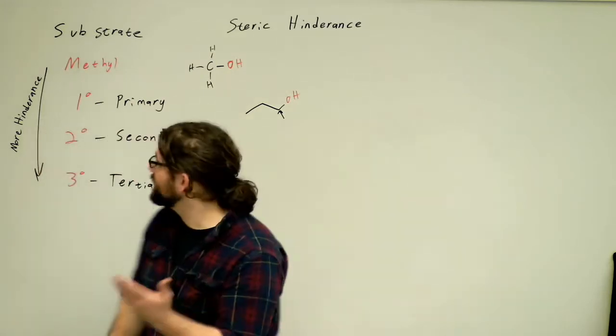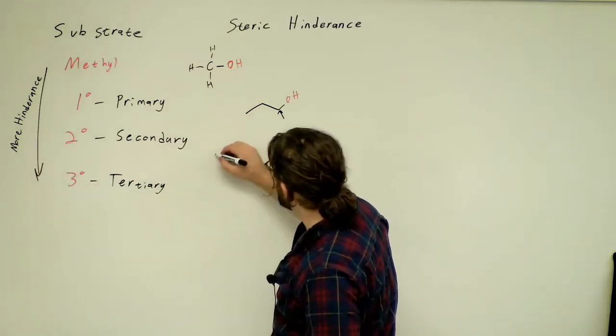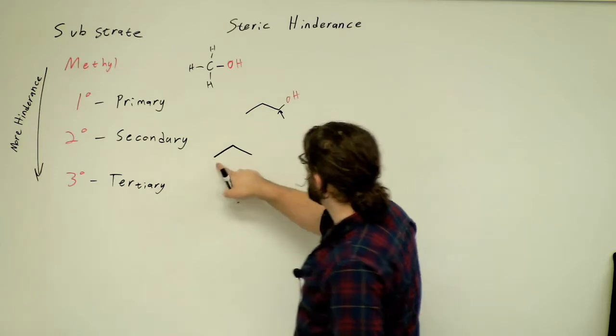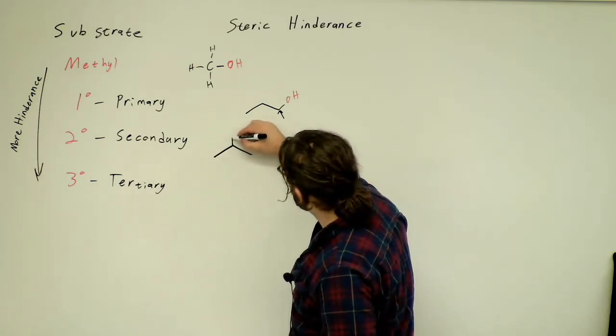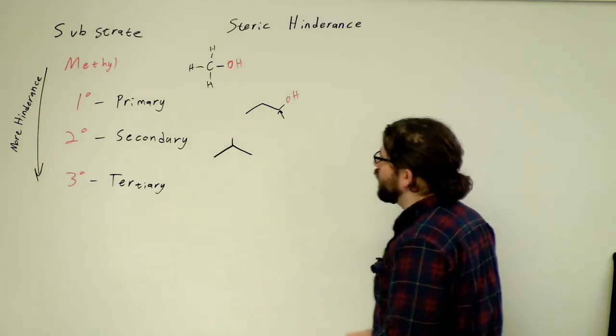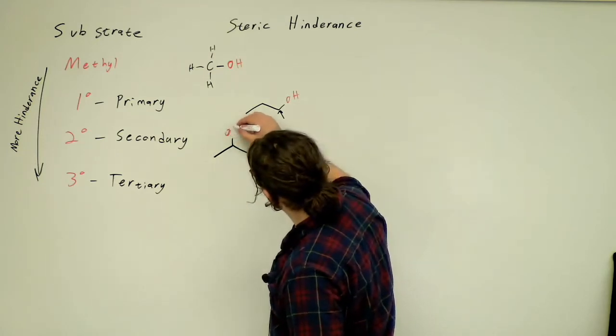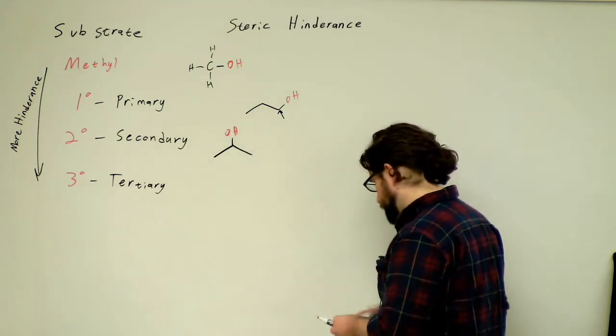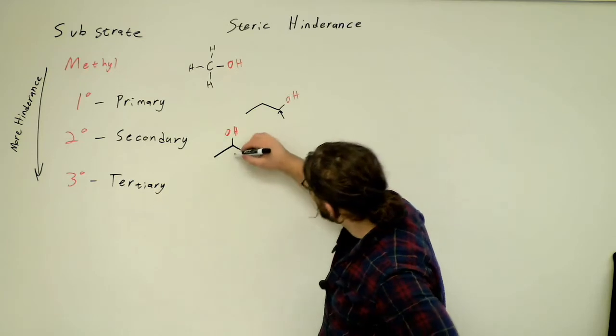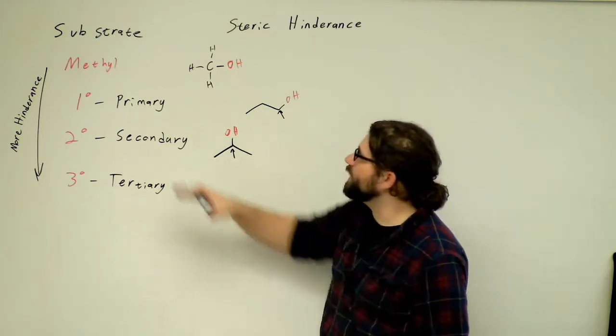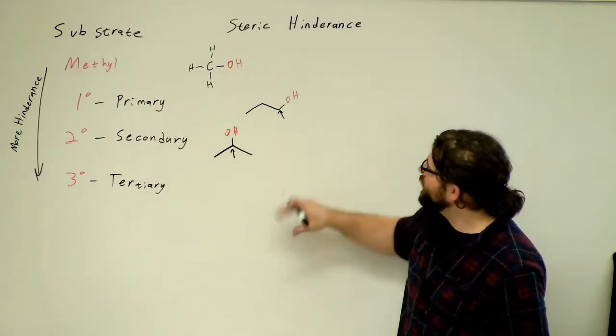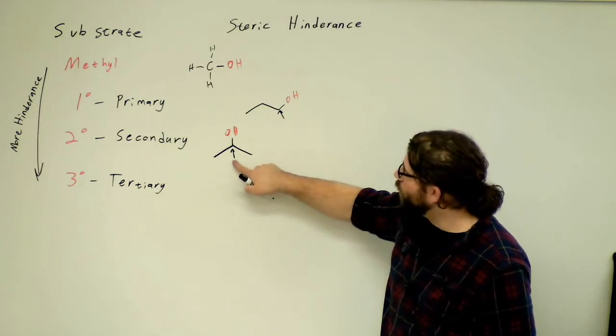So next, let's look at a secondary. A secondary, using the same propane again, would have connections to 2 carbons. So again, I'm looking at this carbon to get my rating for the substrate. Steric hindrance is going to be more because it's in the middle.